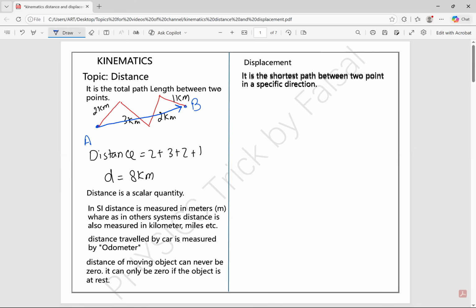So for displacement, you have to take a specific direction. So it means that displacement is a vector quantity.